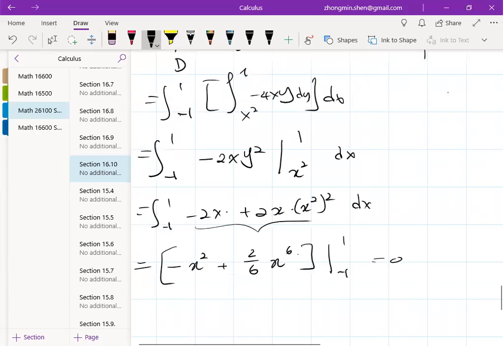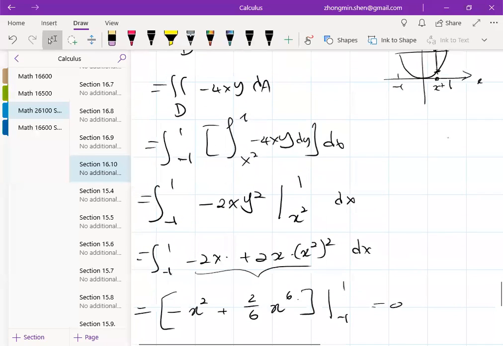Now that also indicates the vector field might be conservative. Oh yeah, this is the integral of a function which changes signs.